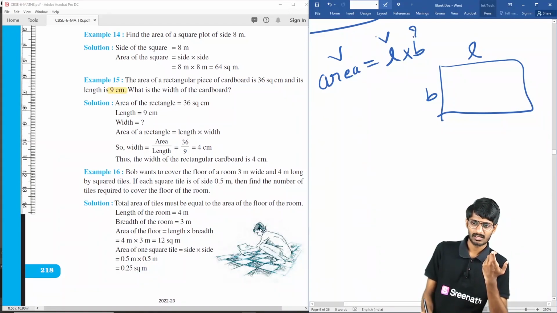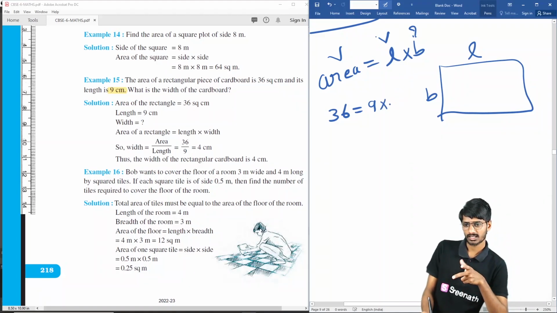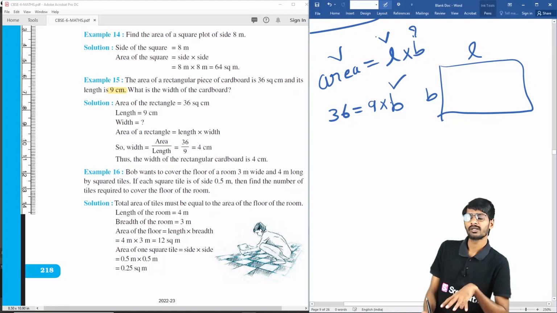How to do it is so simple. First thing, we have to equate like this, which means we have to write the area on the left side. They have given 36 square centimeters. So 36 is equal to the length, 9 centimeters, into the breadth. They didn't give B. So our main aim is to find the value of B.